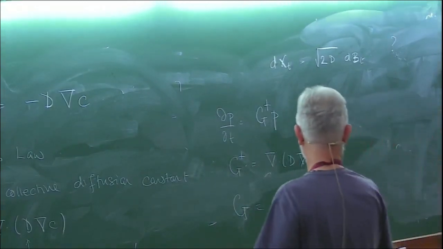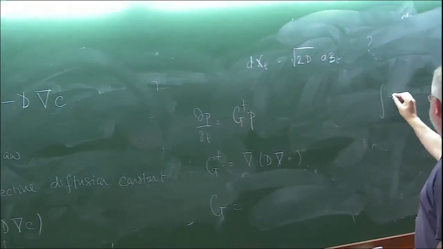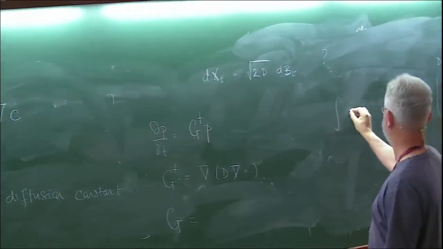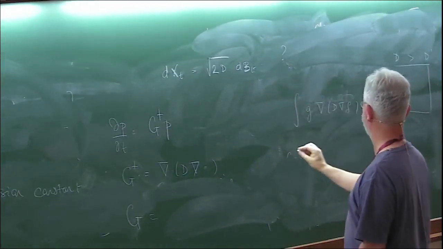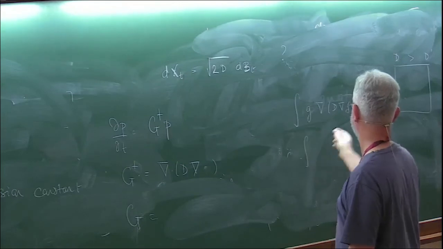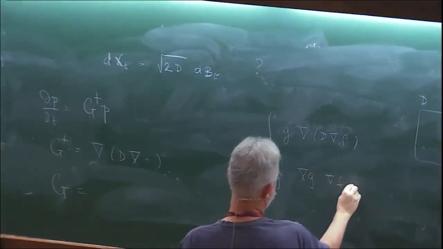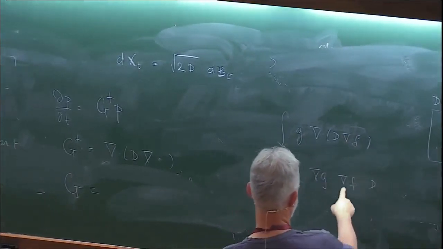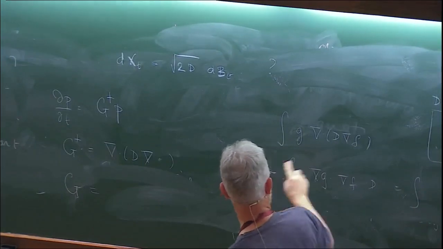But if I integrate by parts, so if I put one function here, g, and do one integration by parts, and throw away the terms on the surface, I get grad g dot grad f times D. And then I do another integration by parts to make the f completely free. I have a minus sign when I do it the first time, right?